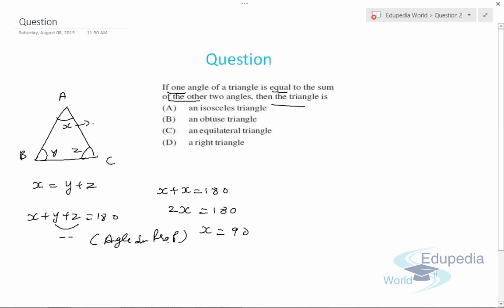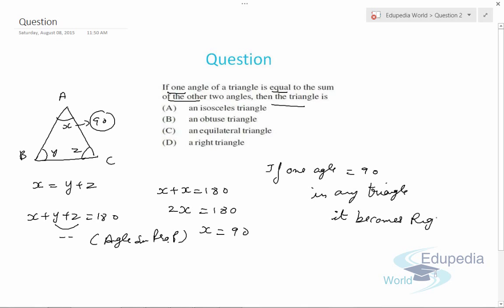Now we get this X as 90. As we know, if one angle is 90 in any triangle, then it becomes a right angle triangle, right? So the answer is D.